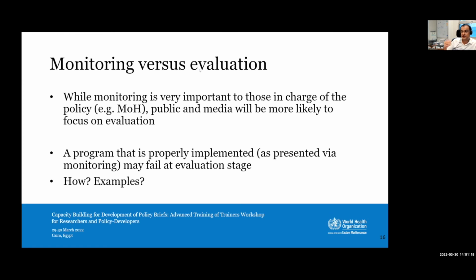So that is one reason. And the other reason for failing might be that the initial objectives that you put for your program, you have achieved those, but actually they are not very good objectives. So in that sense, you have wasted resources. It also talks to the efficiency to some extent.